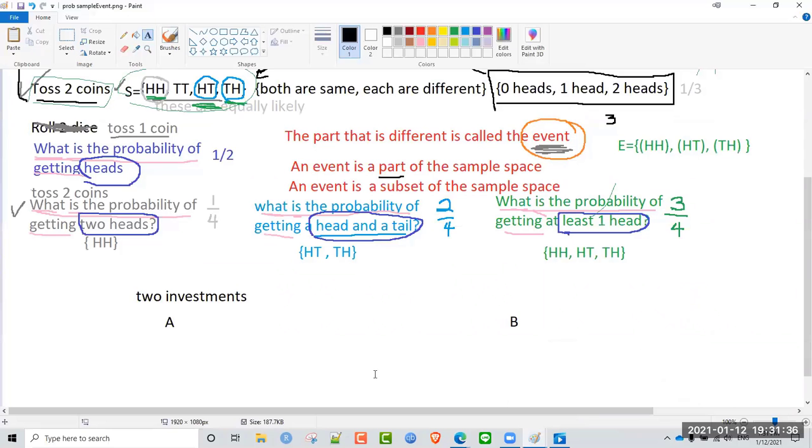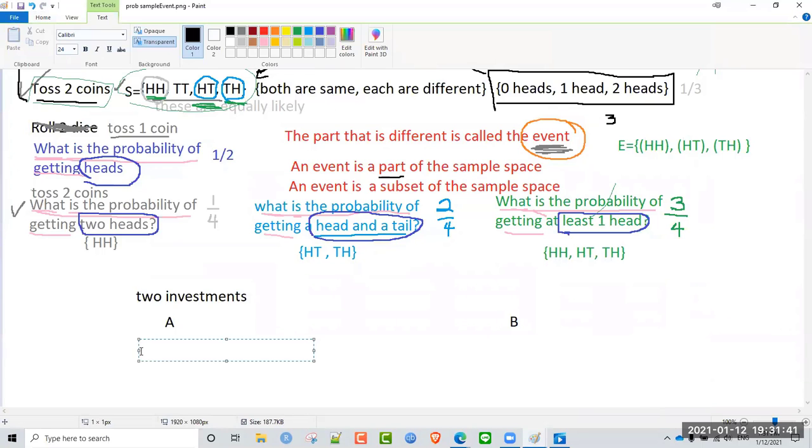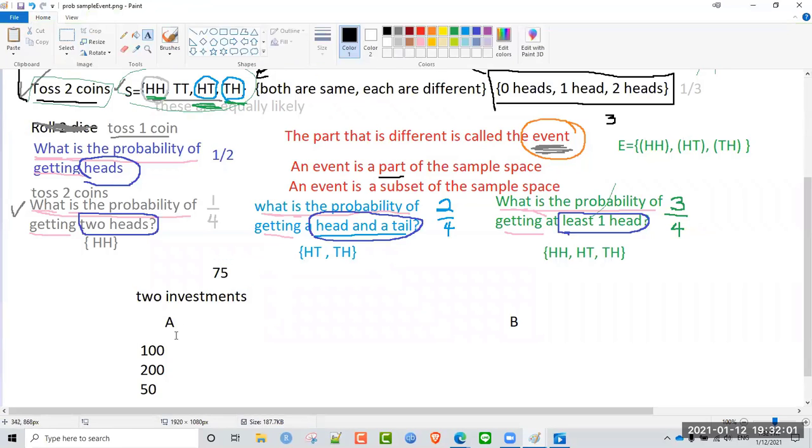So anyway, you can look this stuff up on Yahoo Finance, for example. Going back to here, suppose we have two investments and we go to some experts, and they say that this one is going to become $100,000 or $200,000 or $50,000. Let's suppose we have to put in initially $75,000, and after 1 year we talk to the experts, and they say it might go up to 100, might even go up to 200, and it might go down to 50.